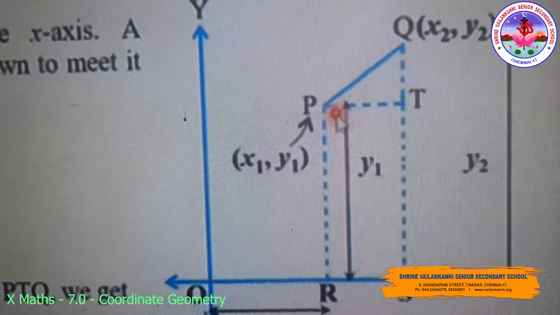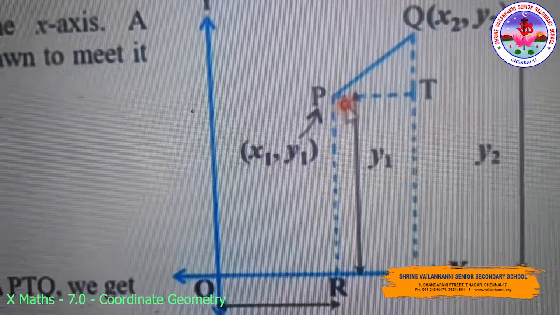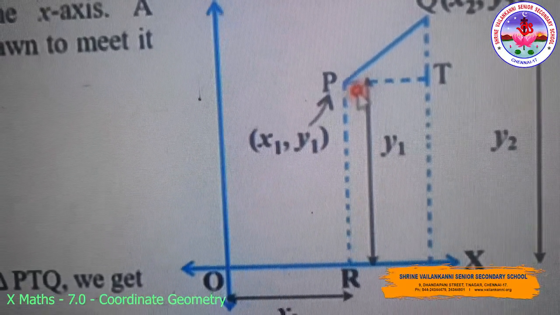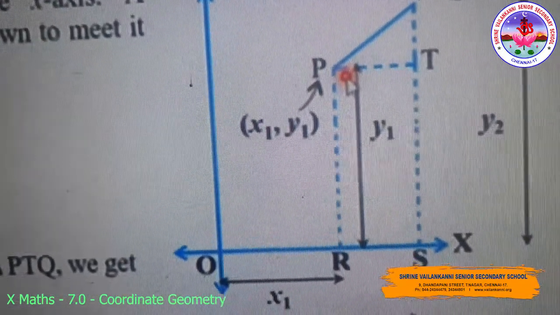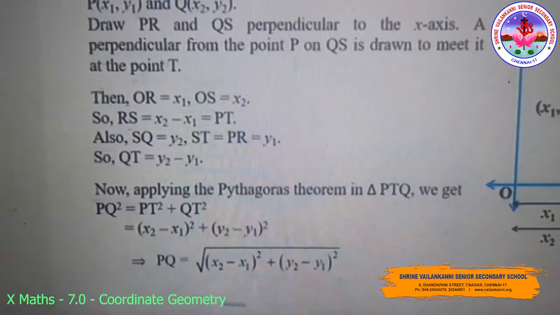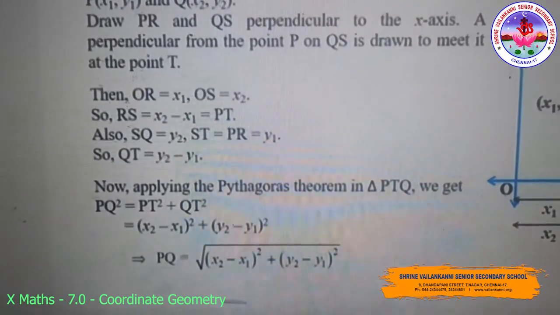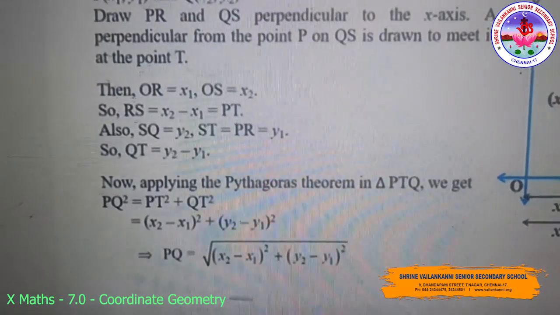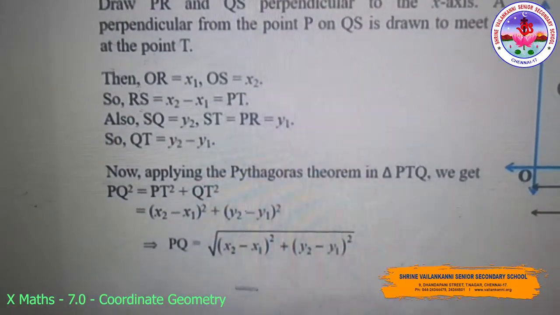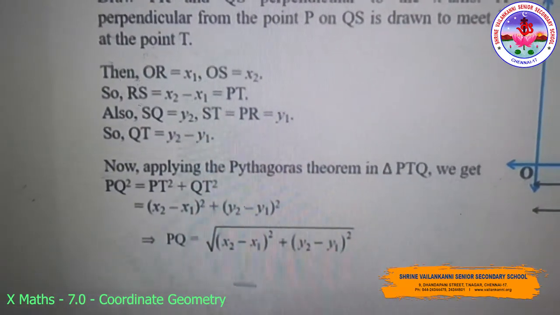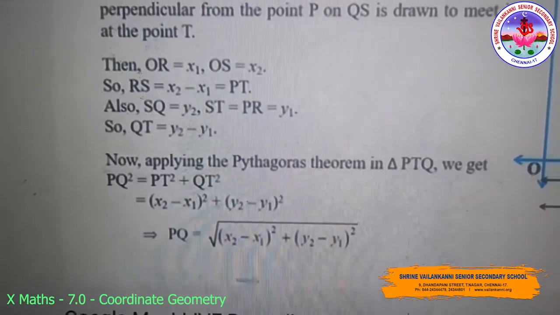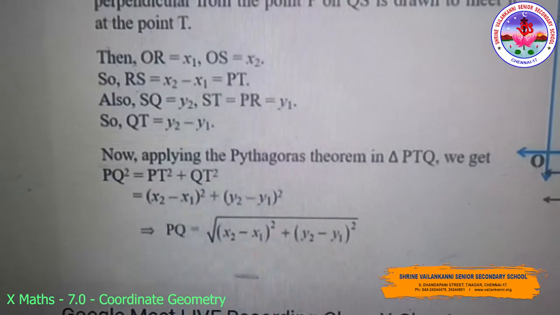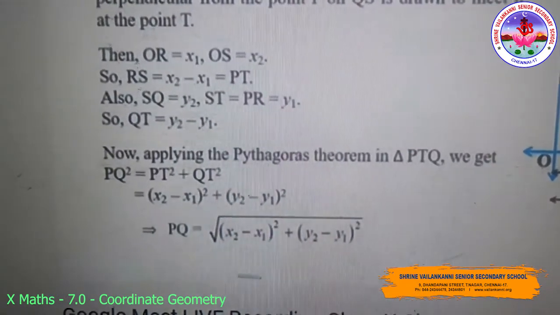QS will be the y-coordinate of Q and TS will be the y-coordinate of P, since TS is equivalent to the length of PR. Coming to the solution, we have taken OR equal to x1 and OS equal to x2. So RS is OS minus OR, which is equal to x2 minus x1. So RS will be equivalent to PT.